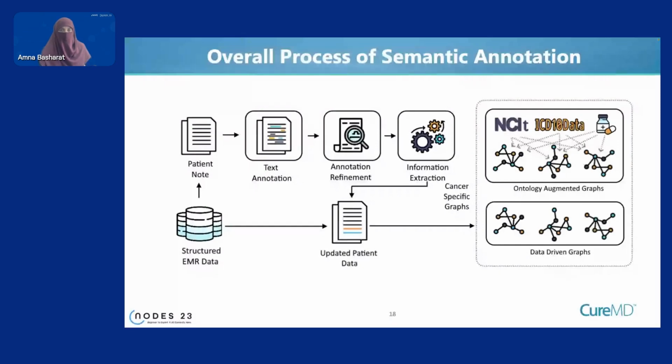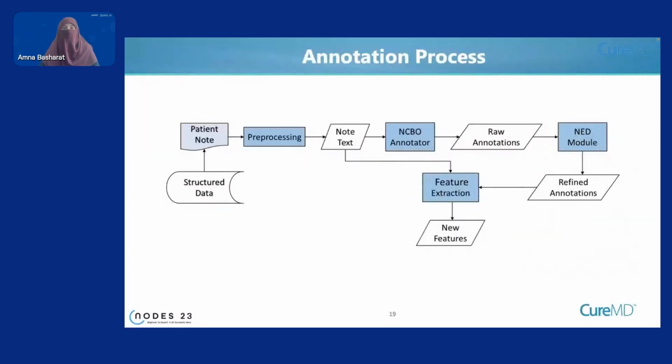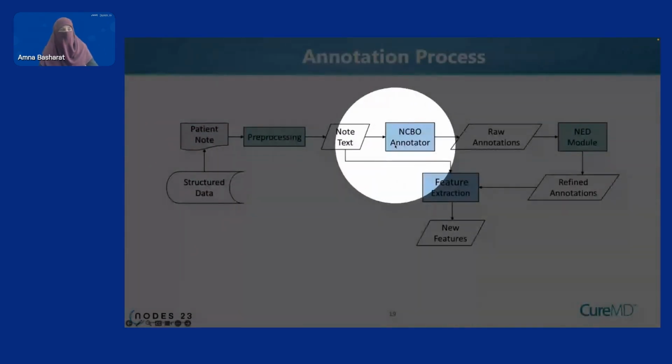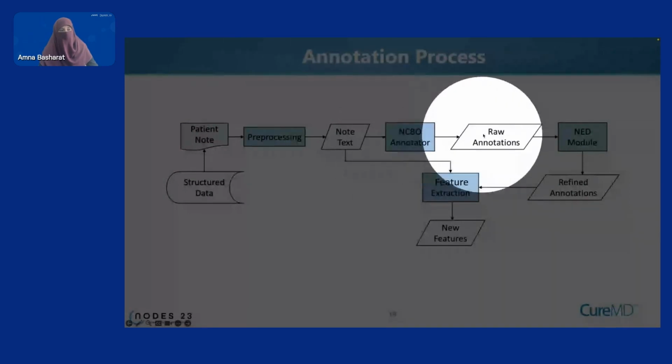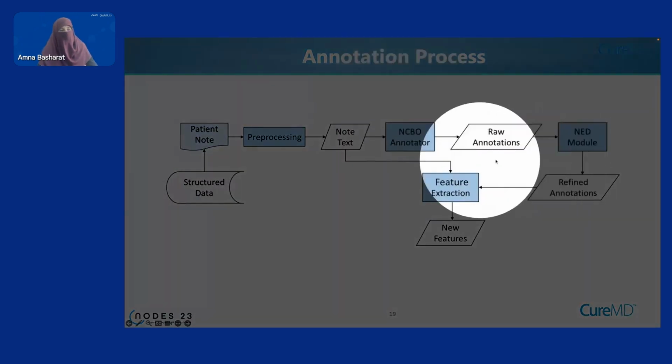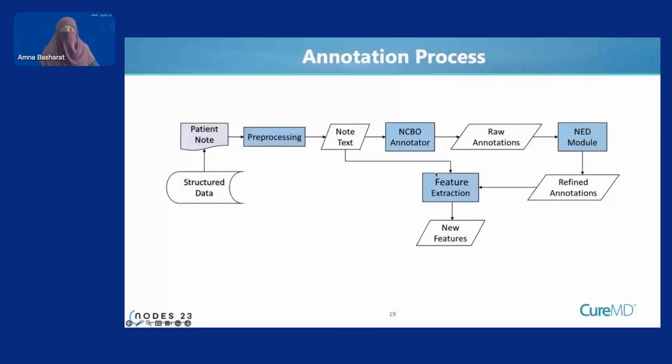So the annotation process that we adopted involved some form of pre-processing, and then we used the NCBO annotator to extract some raw annotations, and then we employed some named entity disambiguation. We refined the annotations and then applied feature extraction for the machine learning modules as well.